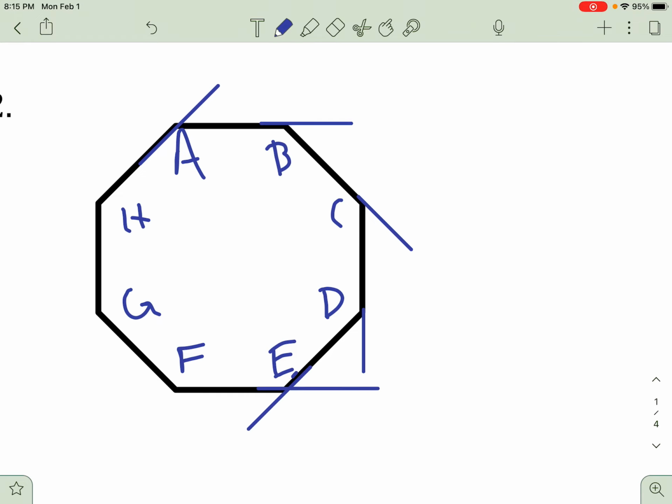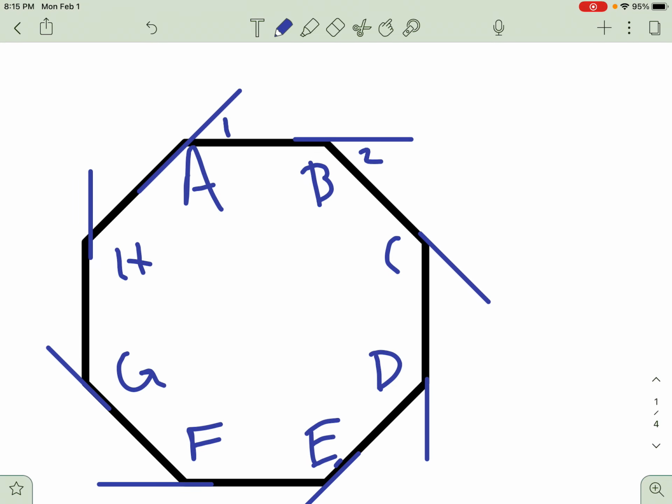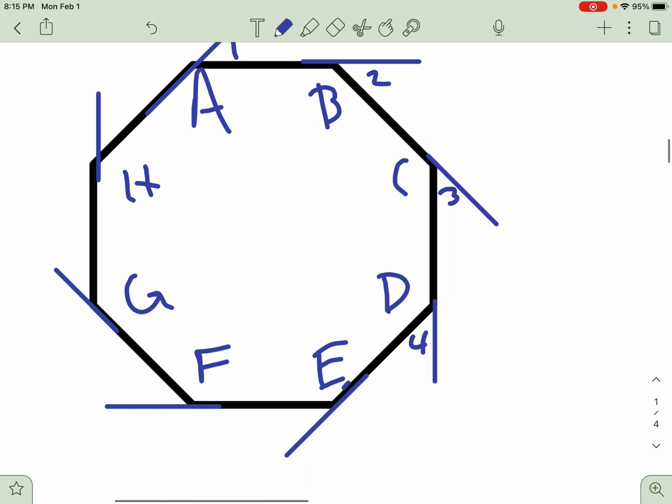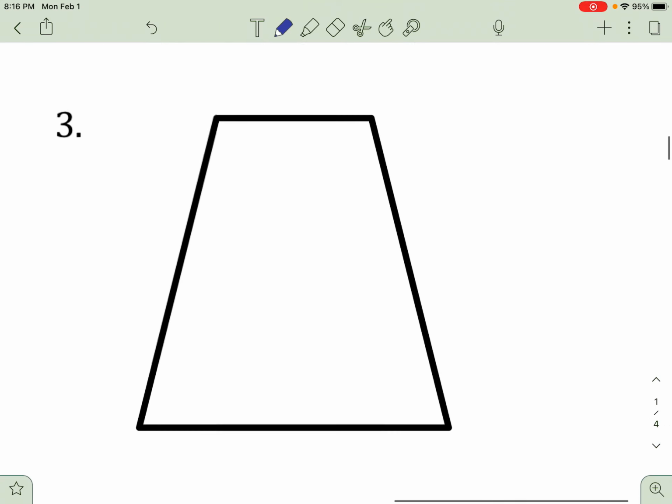Notice I'm going all in the same direction. You could extend a line from here too, but notice how it crosses through mine, so you can only go in one direction when we're talking about these exterior angles. So in any one direction. Okay, so these are, for instance, 1, 2, 3, 4, 5, 6, 7, and 8. So this is an 8-sided shape. It's got 8 interior angles and 8 exterior angles as well.